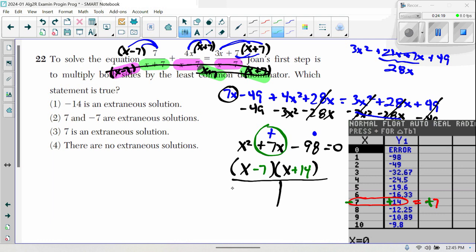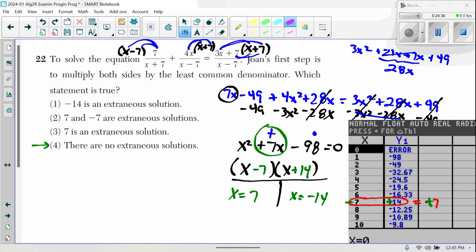And when I solve for those, x would equal 7 and x will equal negative 14. So the problem is, which statement is true? You might say, oh, look, there are no extraneous solutions. But what does extraneous mean? That means you solved for it, but it doesn't quite work. The only thing that can make a fraction not work is if the denominator is 0.